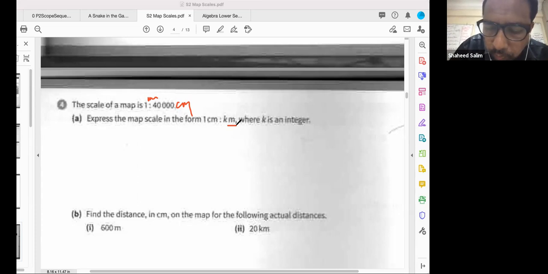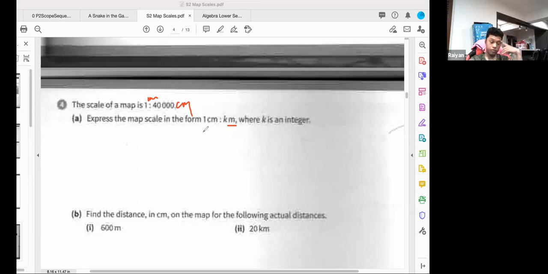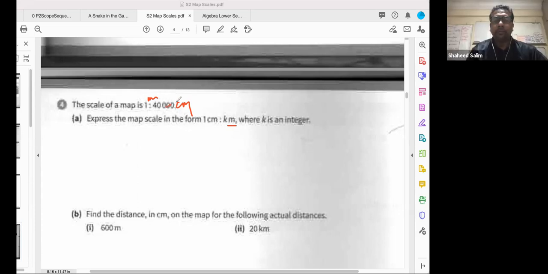Sorry? 1:400. Well done. So you divide by 100. Now it becomes meter. 1 cm to 400 meter. So you have found out what is K. K is 400. Can you try now this one and this one?